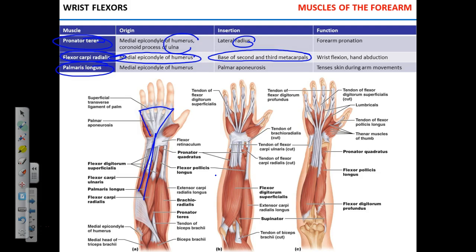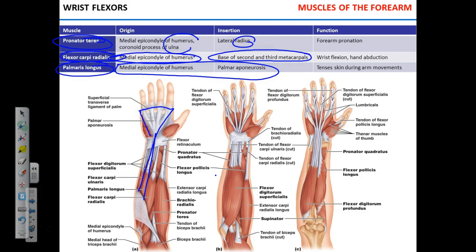But what does it do? Pull on palmaris longus. It also starts at the humerus, and what is it going to do? Flexion, right? Flexion of the entire palm.